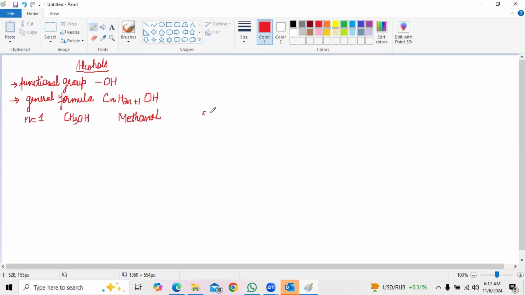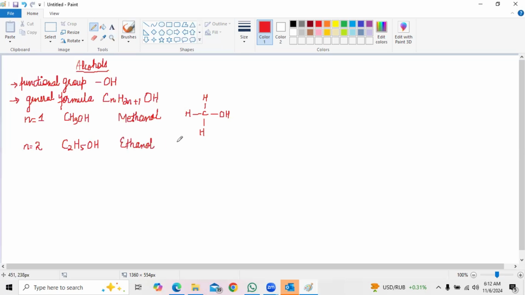If you want to draw its displayed formula, there are 3 hydrogens attached with it, and then there is the OH group which is attached here. If we put n equal to 2, then it would become C2H5OH, and that is called ethanol.